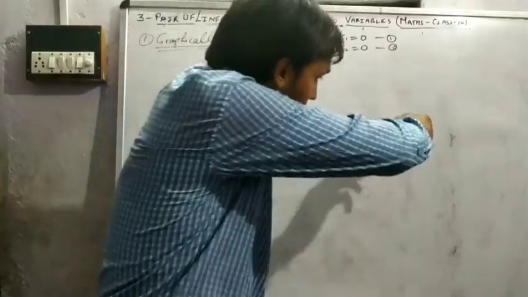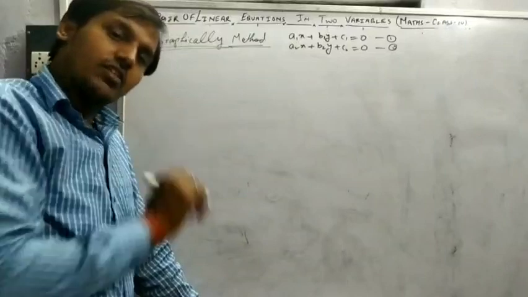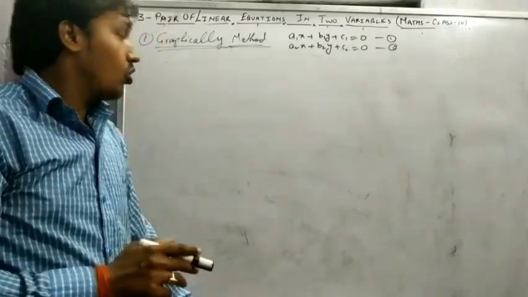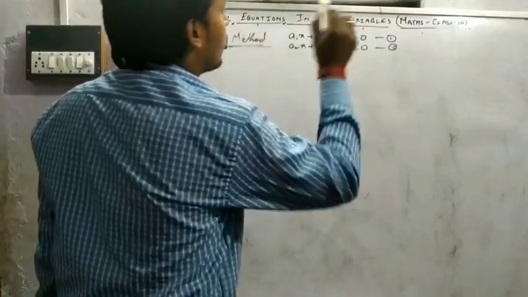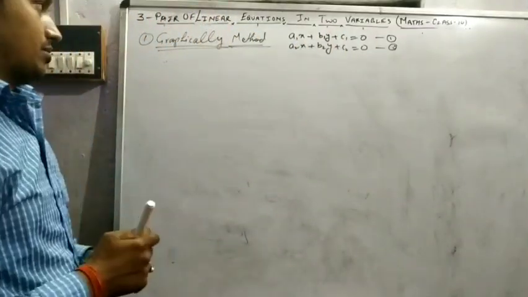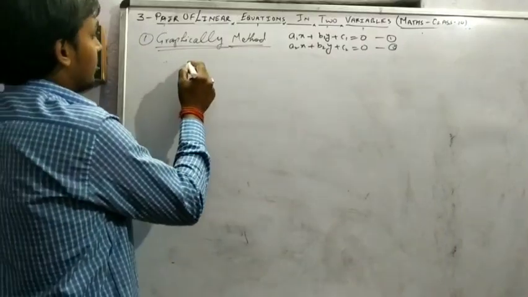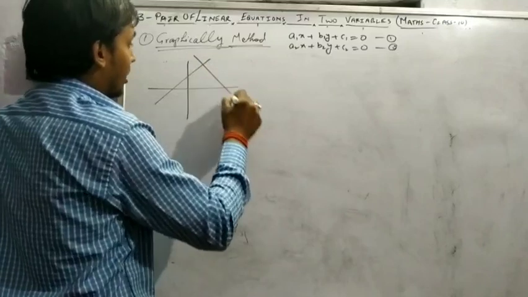Suppose you draw the graph and it does not intersect at a point. It's not always possible to intersect. So when you draw the graph of linear equations in two variables, it can be of three types. First, when you draw the graph, it intersects at a point.